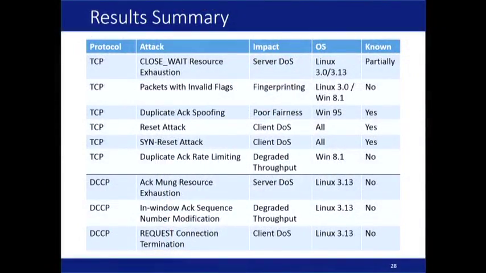So several of these, let me think here. The DCCP request termination attack, at the bottom of the slide, is an off-path attack. Both the TCP reset and SYN reset attacks are off-path attacks.